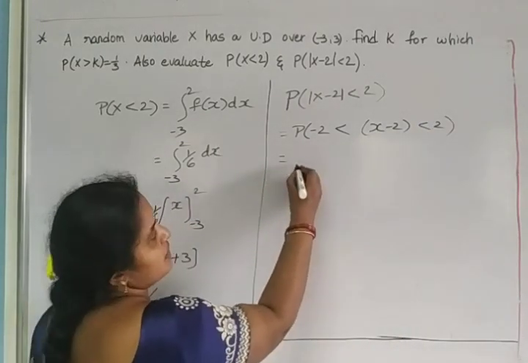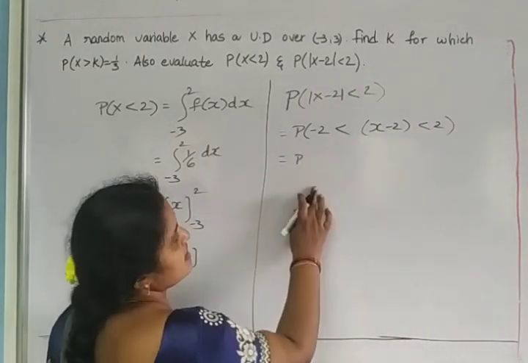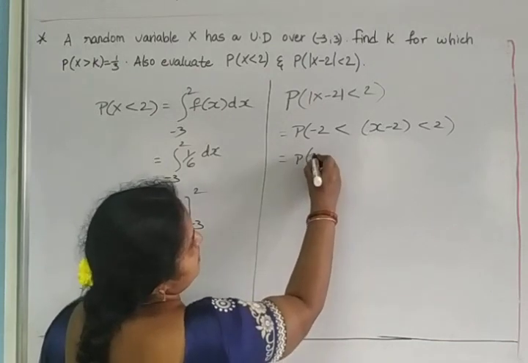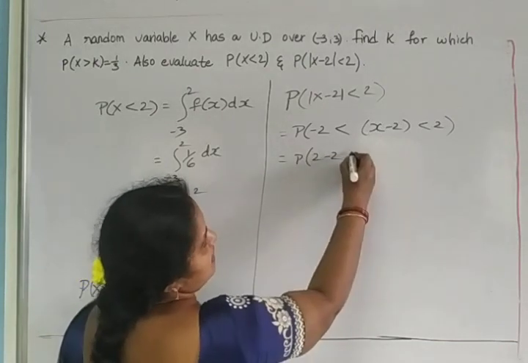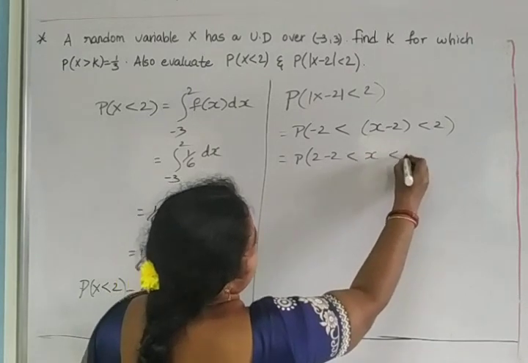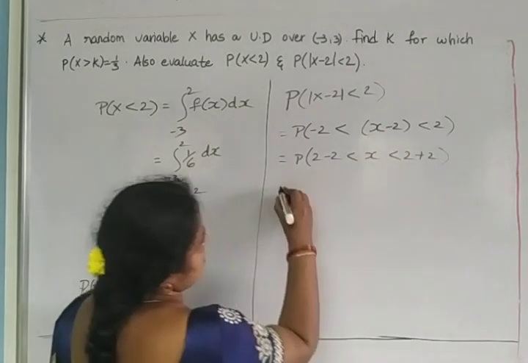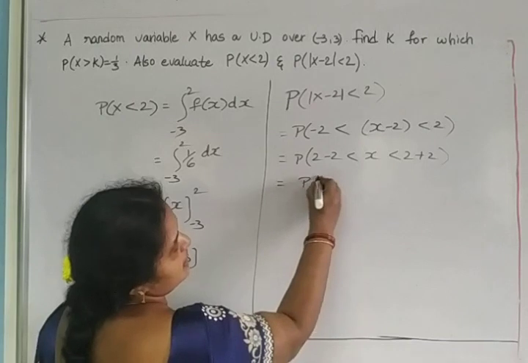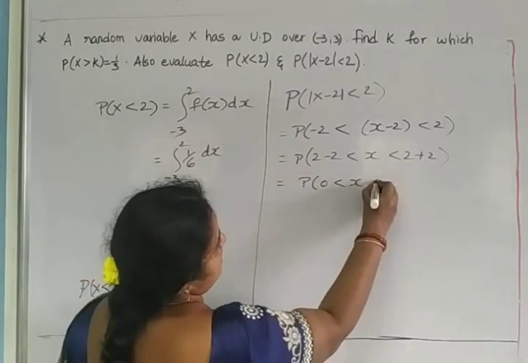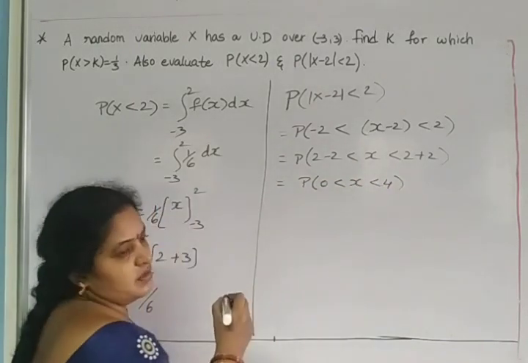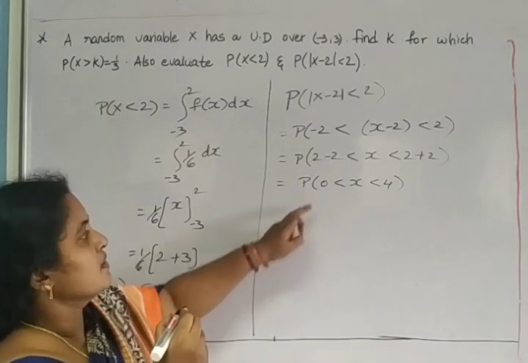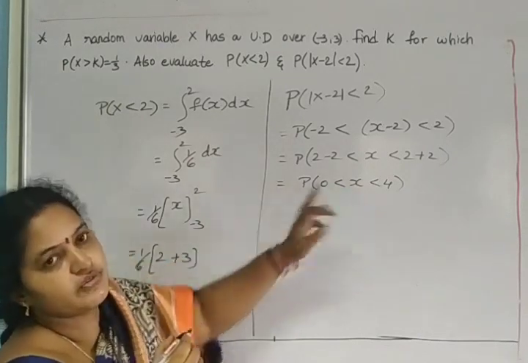So this is equal to, add plus 2 for this equation, P of 2 minus 2 less than x less than 2 plus 2. So which implies probability of 0 less than x less than 4. That means we have to find out in between 0 to 4.